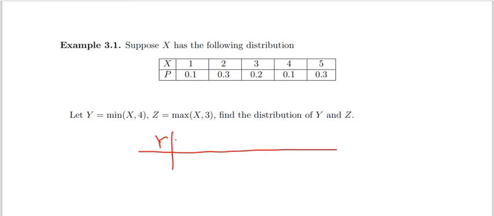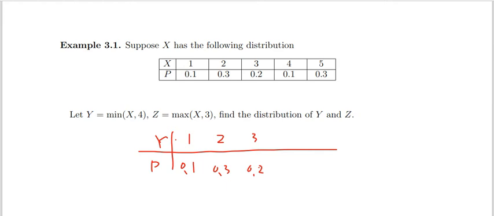So if x equals 1, then y equals 1, right? Such a probability is 0.1. If x equals 2, y takes 2. If x is 3, take 3. If x equals 4, take 4.